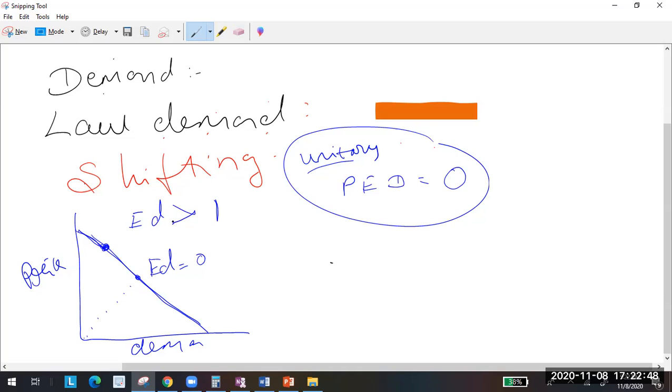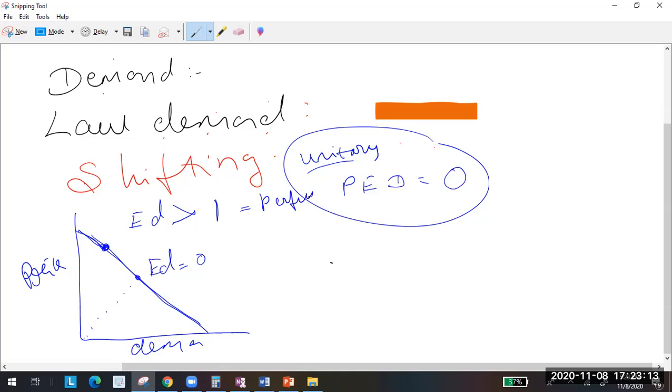Yes, that's less than 1. So if it's higher, it's less than 1. What does PED less than 1 represent? Which type of elasticity? Perfectly elastic.